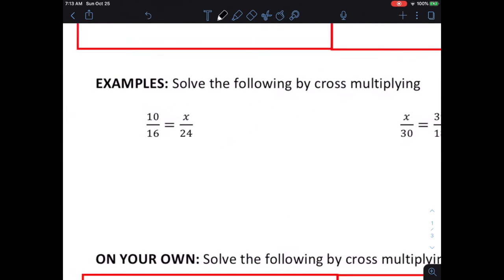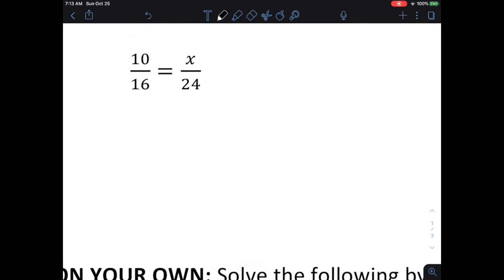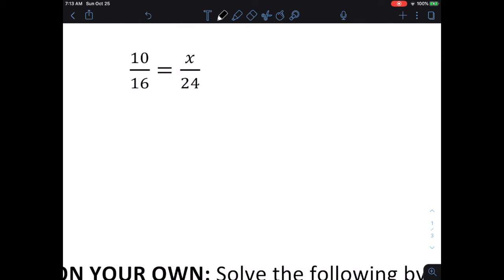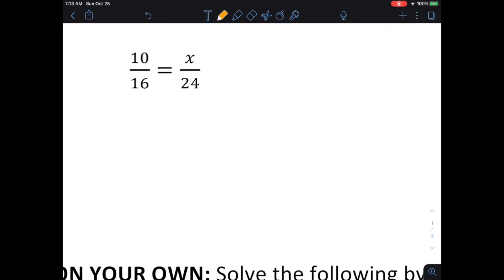All right, the next example is not quite as simple as the first 3 that we did. With these problems, we actually have to use a process called cross multiplication. Maybe you've seen it before, maybe you haven't, but all it means is that we take the numerator from one fraction and multiply it by the denominator of the other fraction.